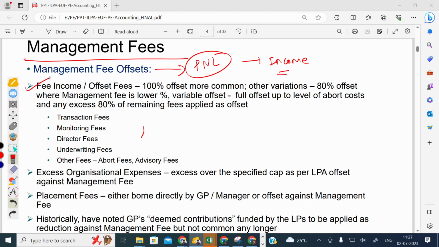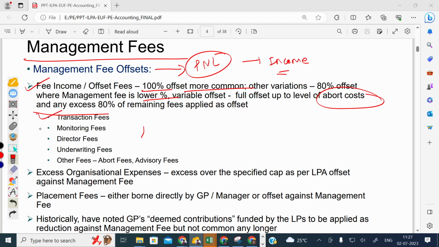Fees income and offset fees: 100% offset is the more common, with variations such as 80% offset where management fees are lower, variable offsets, or full offset up to the level of abort cost. Abort means if any deal or investment is cancelled, that expense you can call abort. And any excess, 80% of the remaining fees, is applied as an offset.